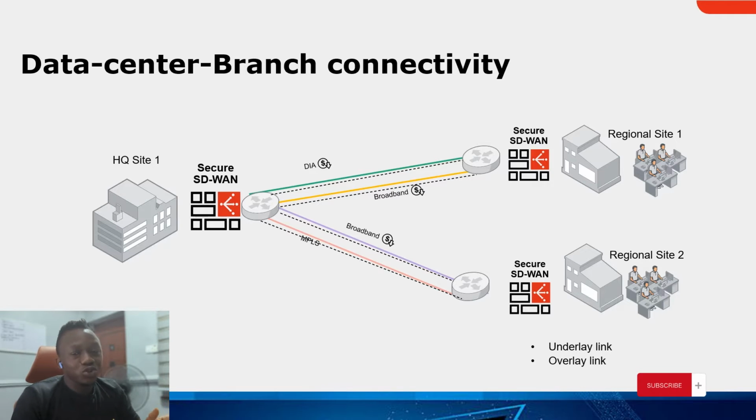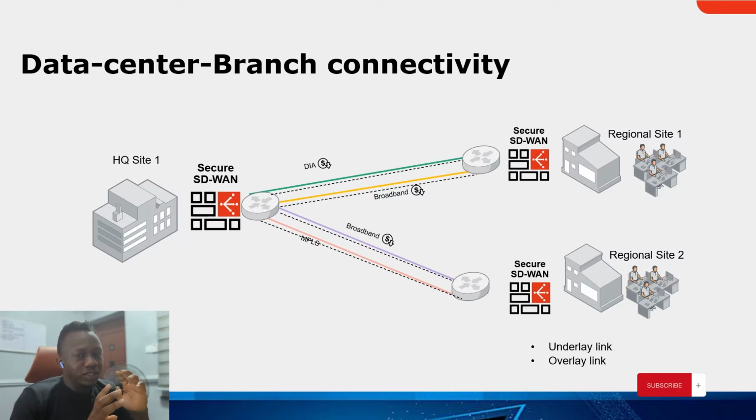So that's why we have the introduction of secure SD-WAN, which leverages intelligence based on link performance, based on the performance SLAs that you put in place, like latency, jitter, and packet loss.